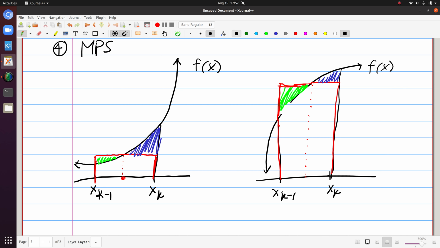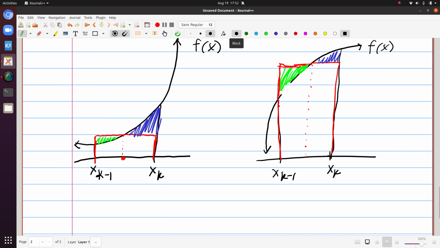But it turns out that what we can see here, when f is concave up, there is more blue area than there is green. So this rectangle is missing more area than it has extra. And so this is going to provide an underestimate of the true area.